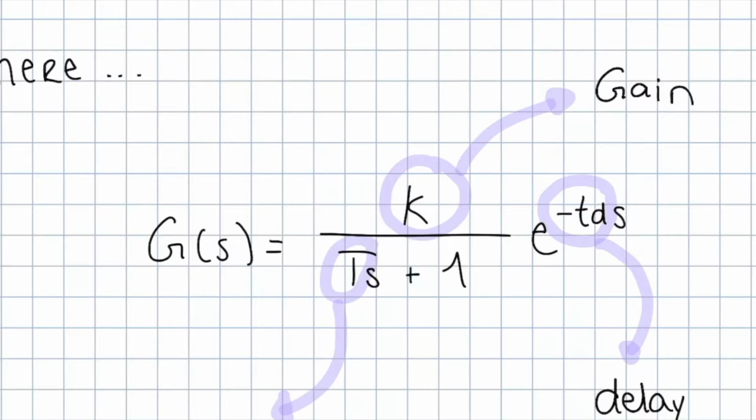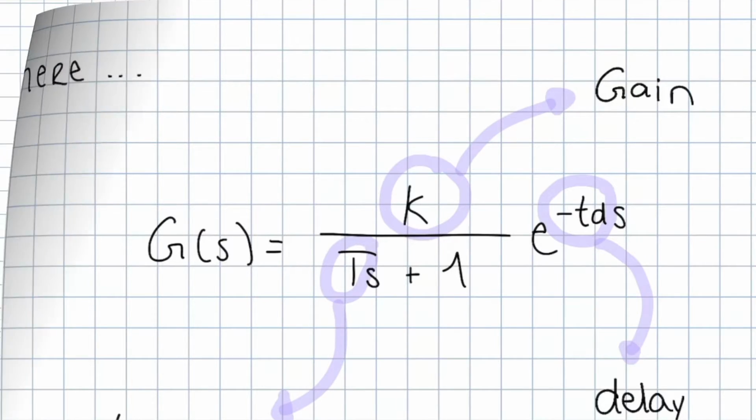And T is gonna be our time constant, and we're gonna measure it in seconds. I know this can sound a little bit tricky or confusing, but I'm gonna show you a quick example where it's gonna be easier to visualize what the transfer function means for our experiment.